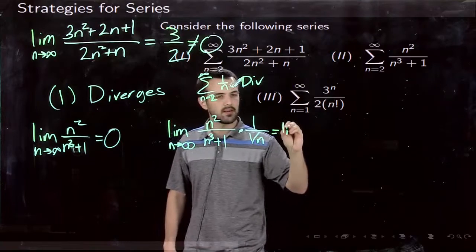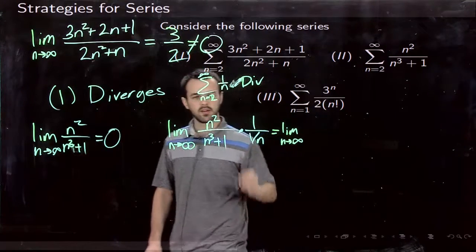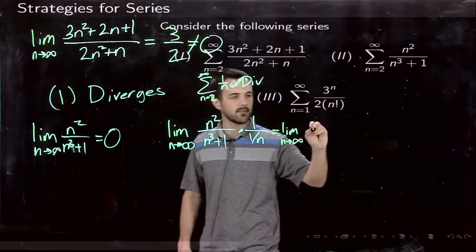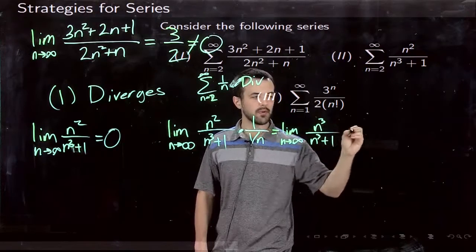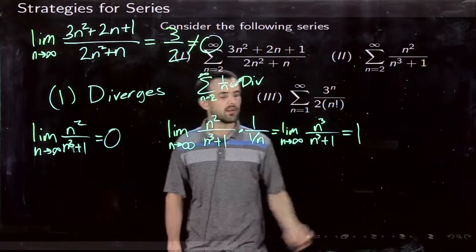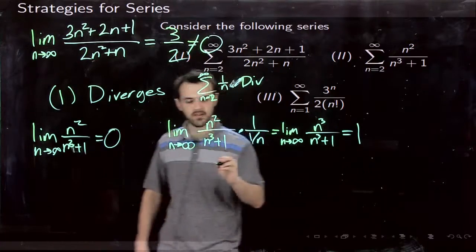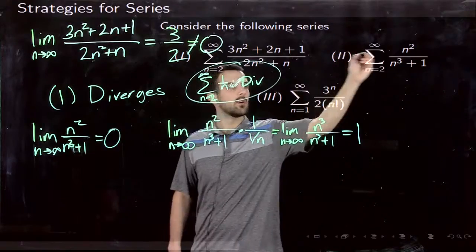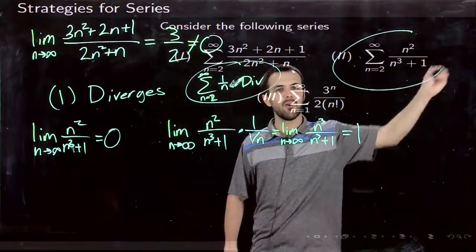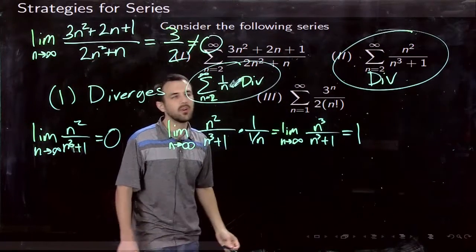This is the limit as n goes to infinity of n on top, so it's just going to be n to the third over n cubed plus 1. And what is that? That's 1. So there you go. We know by the limit comparison test, since this one diverges, number 2 also diverges. Wow, this is so cool.